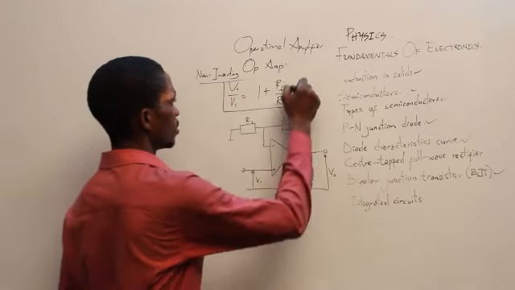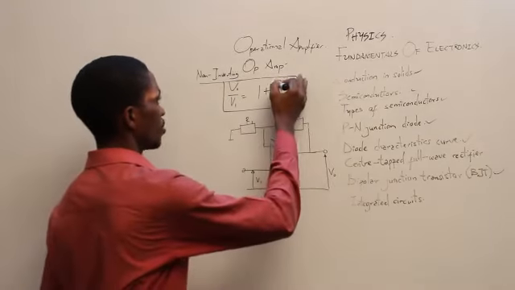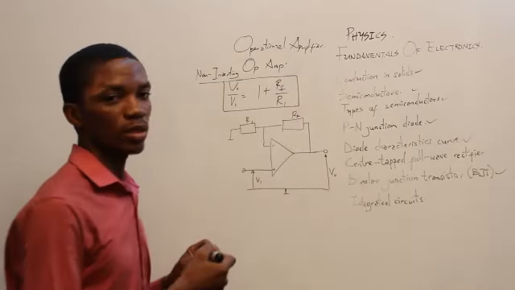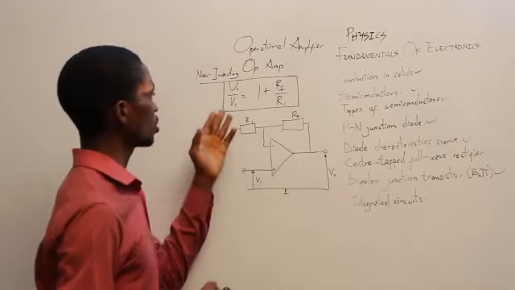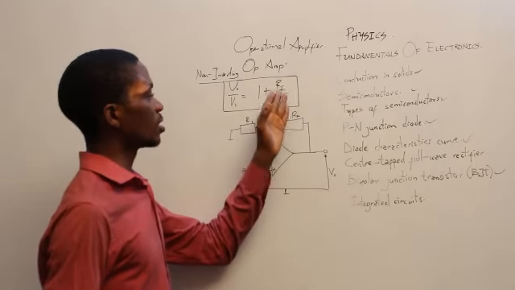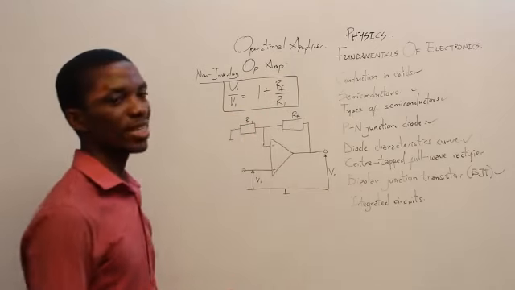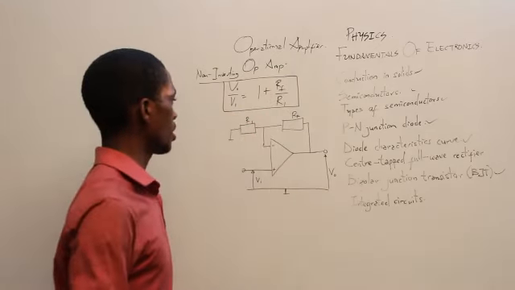That's to calculate the amplification. The amplification, that's the output voltage over input voltage, equals 1 plus the resistance of the feedback divided by the internal resistance of the system.